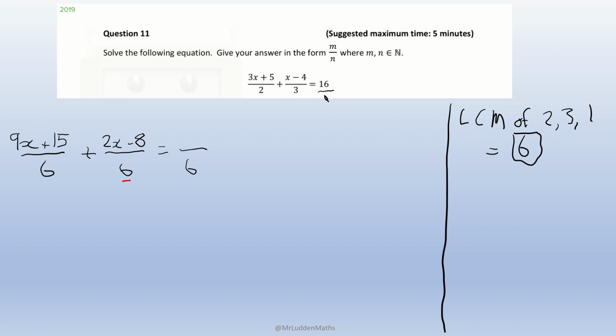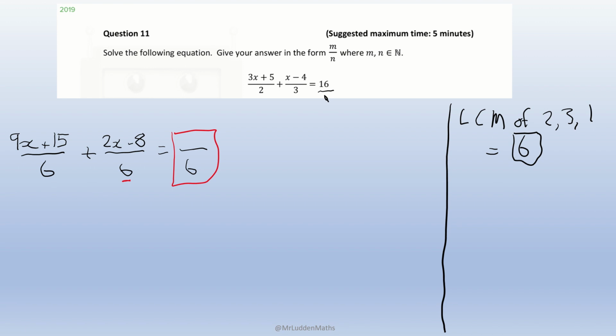The last one I have to do is my 16 over the other side. Be careful. I've seen a lot of cases where people forget about the 16 altogether, and that would throw your whole answer. You wouldn't get the correct one if you just left your 16 on the right hand side of your equation.